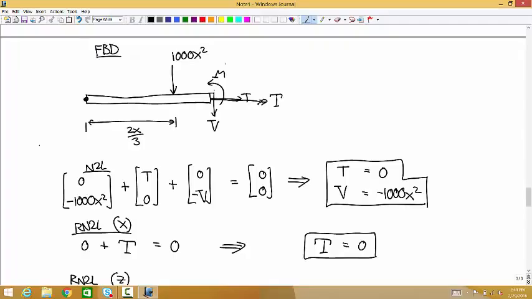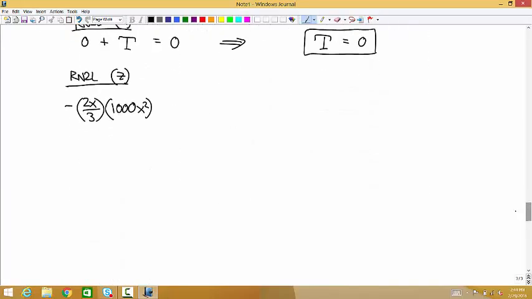And then the other things that produce a moment about the z-axis are just adding on that couple M, and then the minus Vx that we always see. So you get M is equal to Vx plus 2,000 over 3, so that's like 666 x cubed.